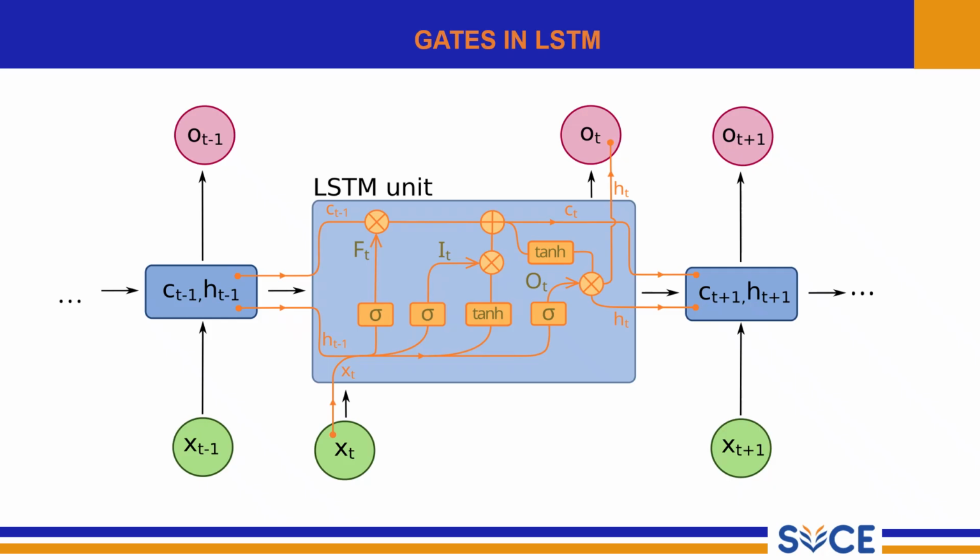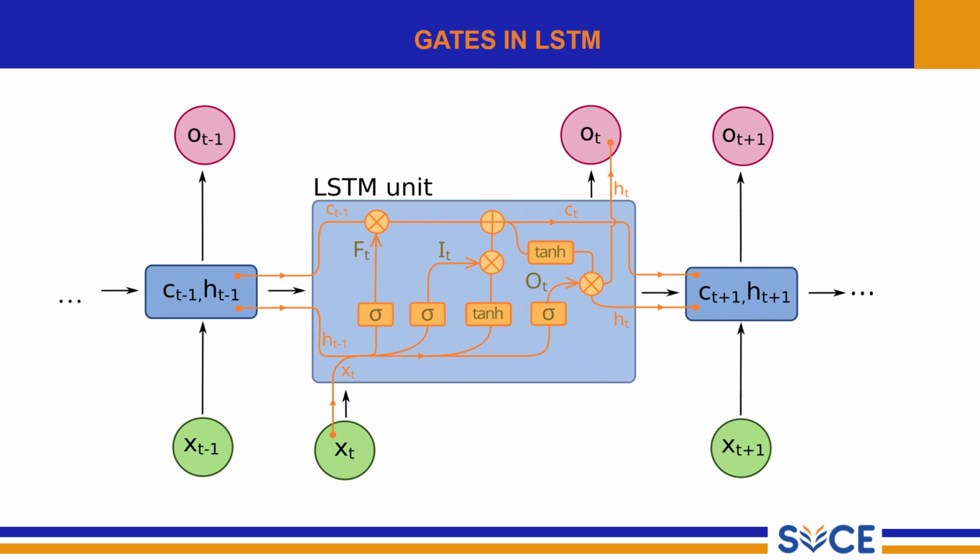Step 1. Forget gate. The first operation is the forget gate, labeled ft. This gate decides what information from the previous cell state should be kept or removed. It takes xt and ht minus 1 as inputs, passes them through a sigmoid function and produces values between 0 and 1.